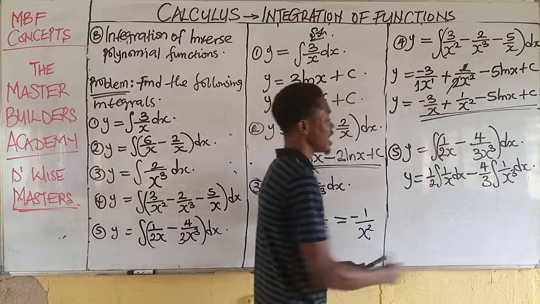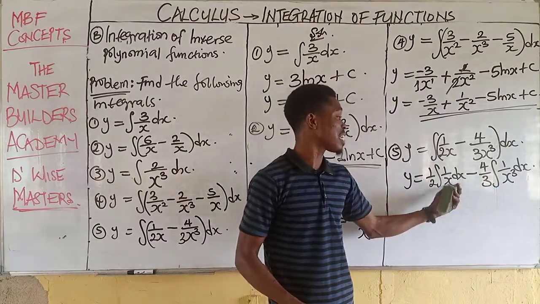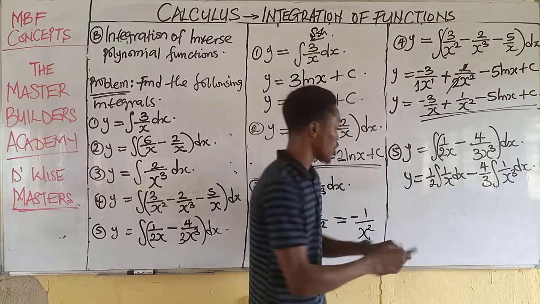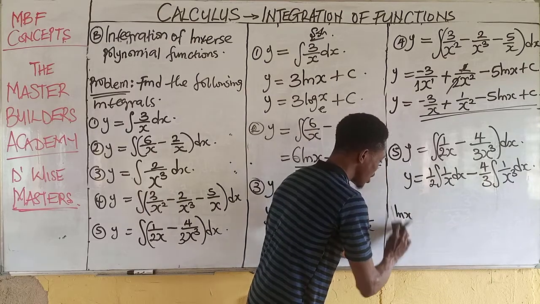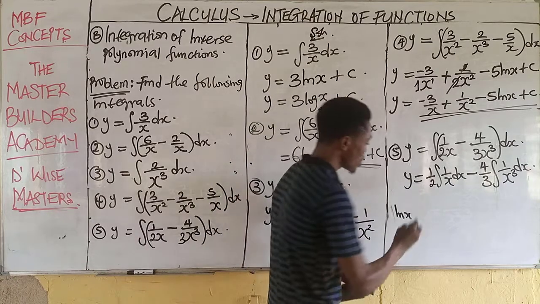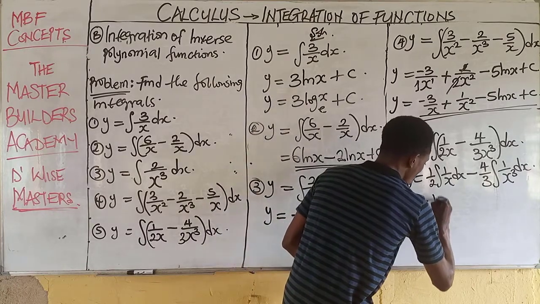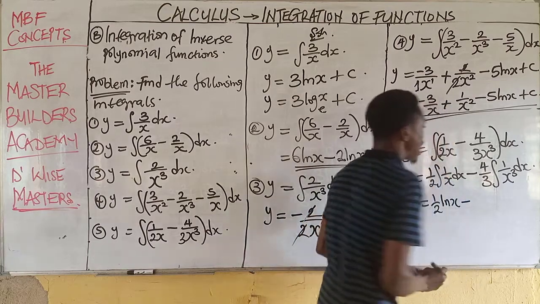Now, what you do here is when you integrate 1 over x, of course, we have this in our standard table. The power of x at the denominator is 1, so the numerator is 1. Ln of the denominator, which is the same thing as what? Ln x. Does that answer your question? So this will give us y is equal to 1 over 2 ln of the denominator minus.